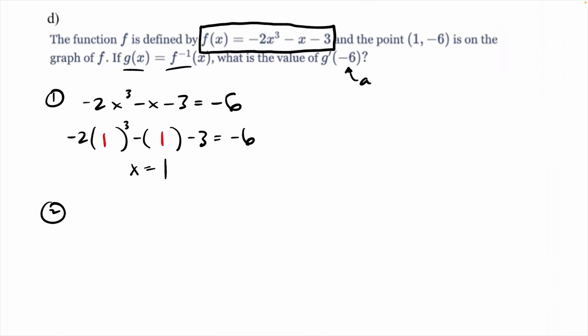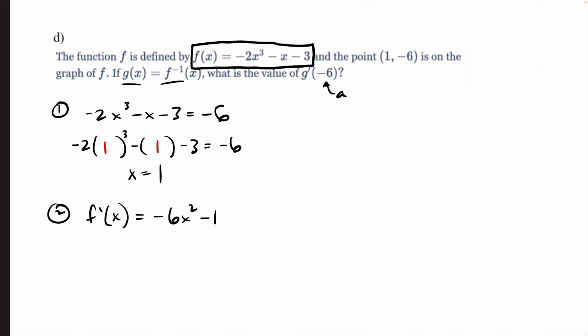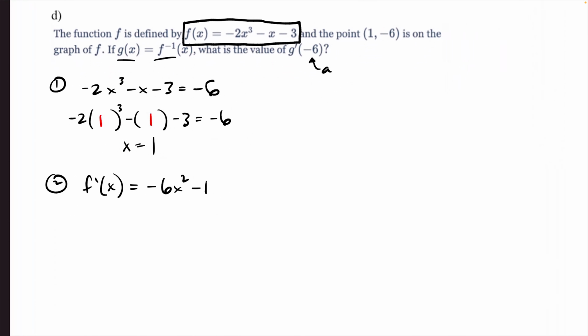Step 2, find f prime. F prime is -6x squared minus 1. Step 3, f prime of the same number we found in step 1.